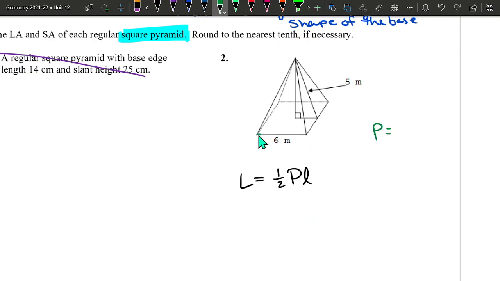Well, I see I have a side length of 6, and I have 4 sides. So I'm going to say 6 meters, because that's the side length, and then times 4. So it's 24 meters. So the perimeter is 24 meters.